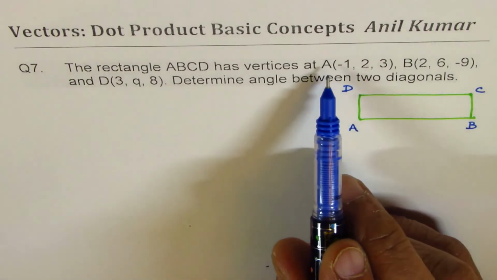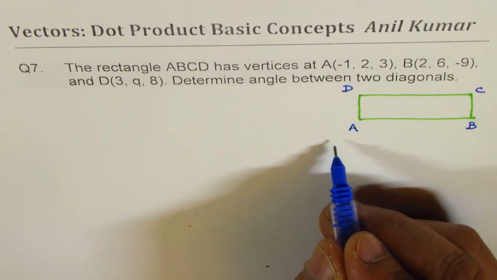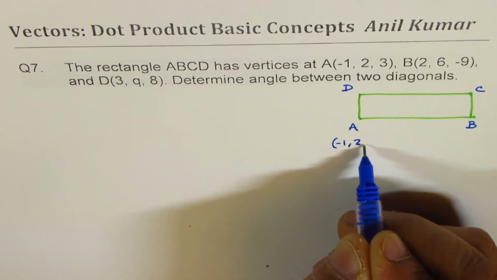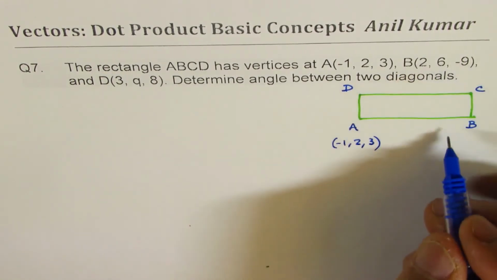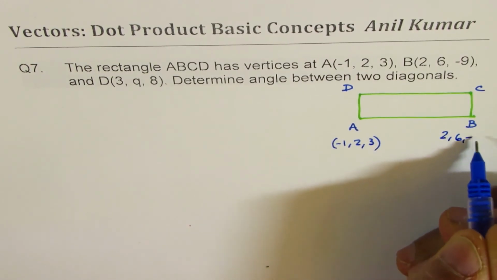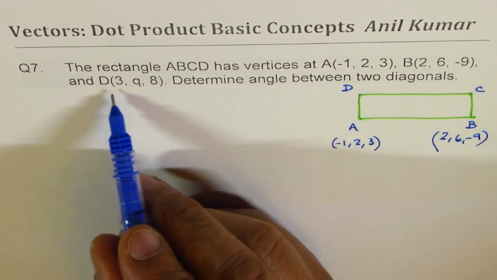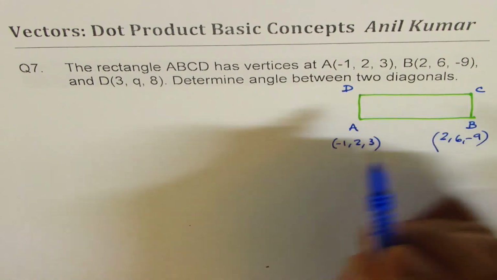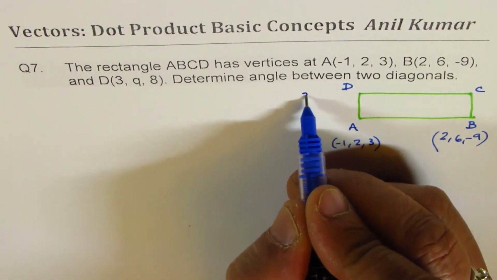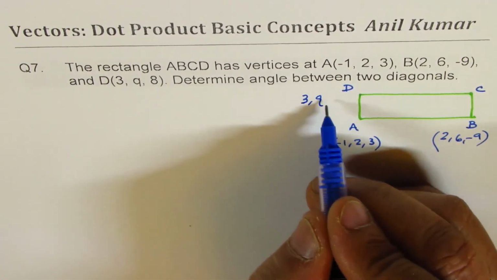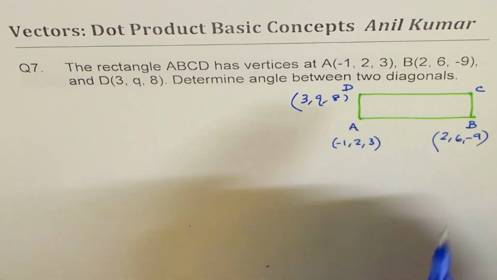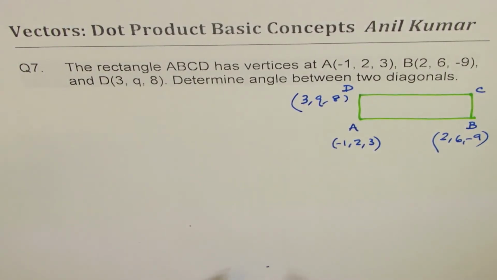Now what we are given here is that the coordinates for point A are minus 1, 2, 3. For B, it is 2, 6, minus 9. For C, we don't know. And for D, we know it is 3, q is not known, and 8. We have to find what C is.